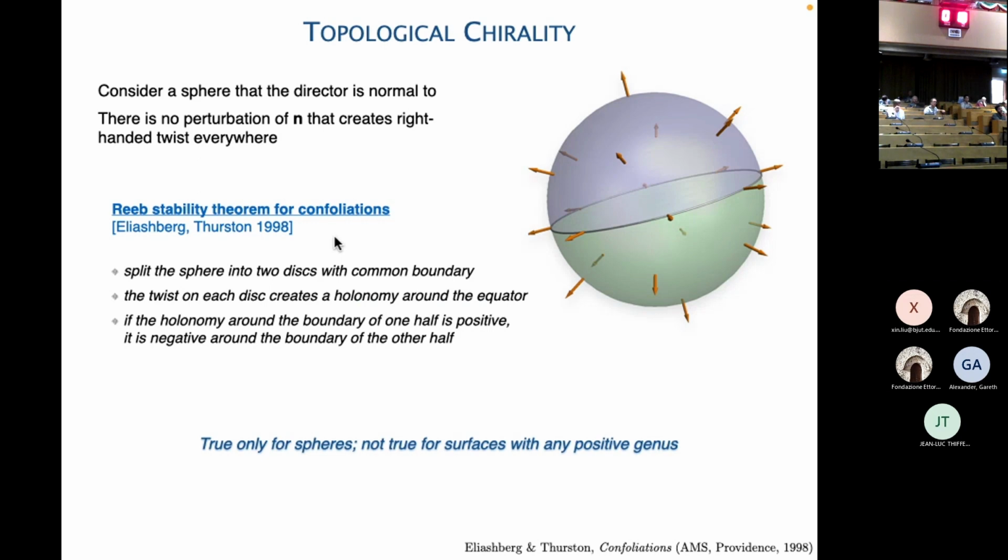And the point is that they share the same boundary, but with opposite orientation. So that if for one of them, the displacement is in the positive direction, then the other one necessarily has to have a displacement in the negative direction. So it's not possible to put right-handed twist on both hemispheres of this little sphere. Okay, so that's where this frustration is coming from.